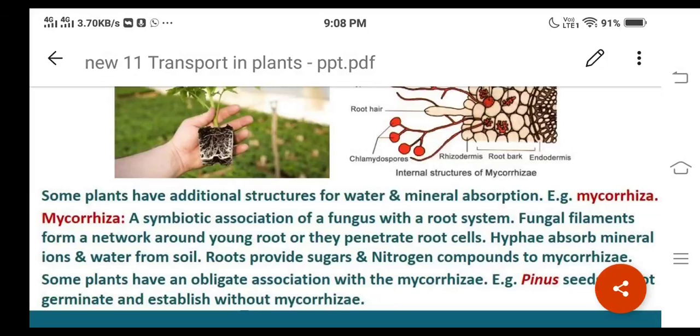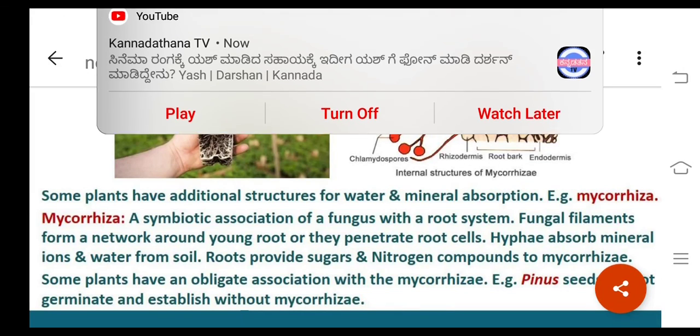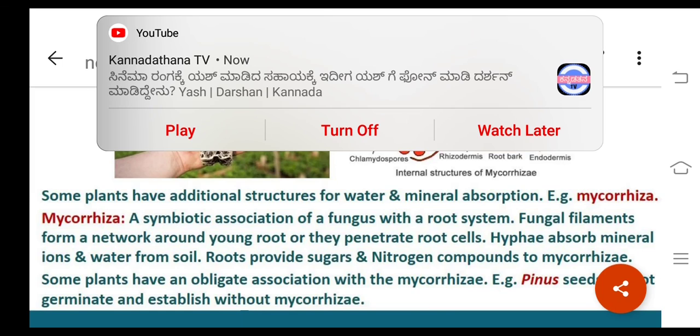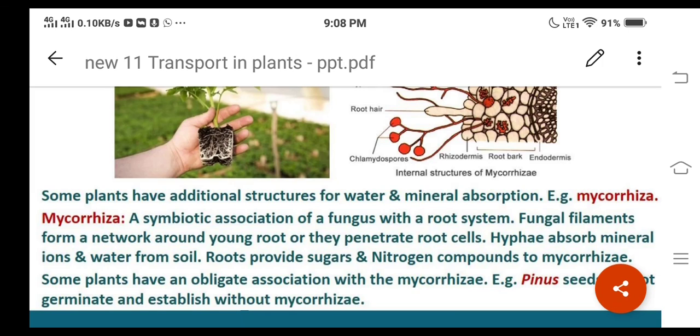One common genus is Glomus, which forms a symbiotic association with plants. The fungal filaments form a network around the young root or penetrate the root cells. Then hyphae absorb mineral ions; hyphae help in the absorption of mineral ions and water from the soil.